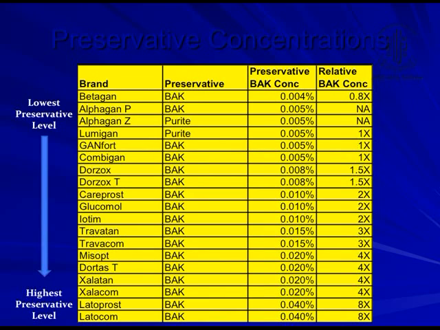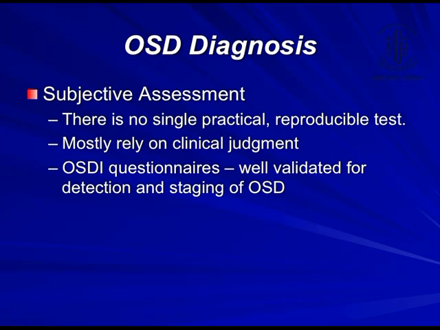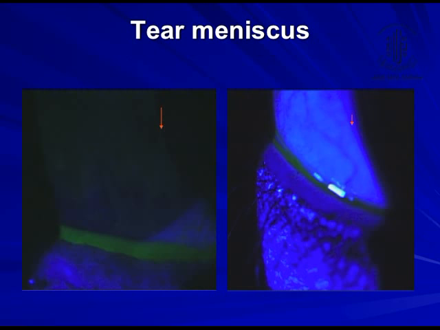But if you go down, especially this group of drugs, the prostaglandins and fixed combination drugs, they have about 8 times the relative concentration of BAK compared with this drug. So if the relative concentration of BAK is increased, then definitely the patient will go on to a severe form of ocular surface disease.